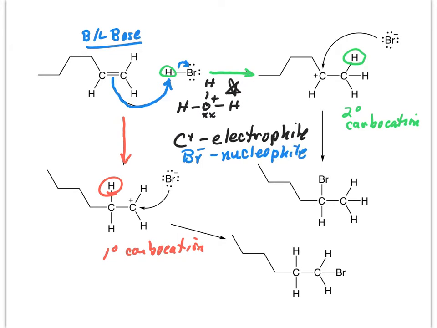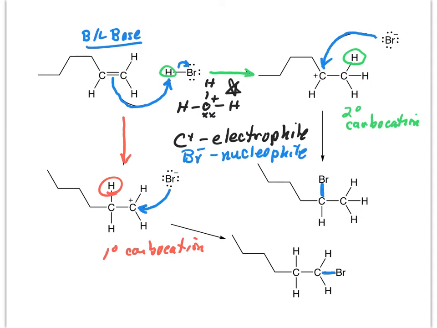Whichever way it goes, the bromide ion comes in as nucleophile to interact with the carbocation electrophile. That creates that new bond in either species.